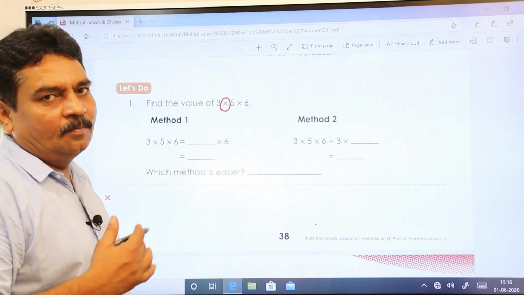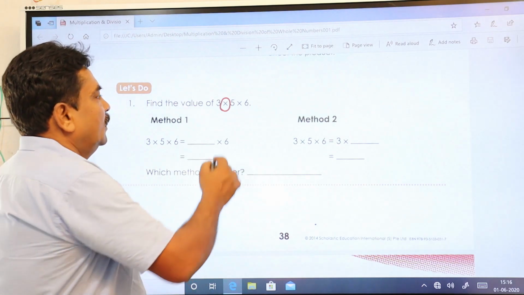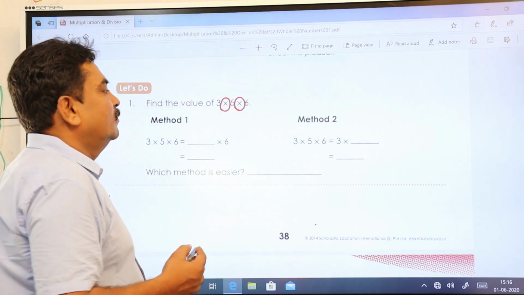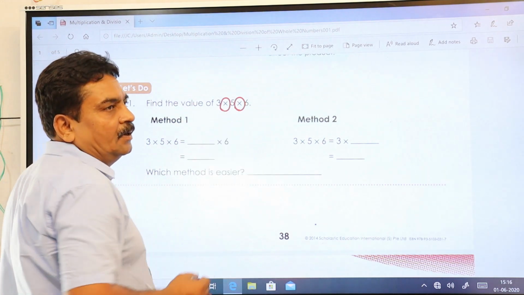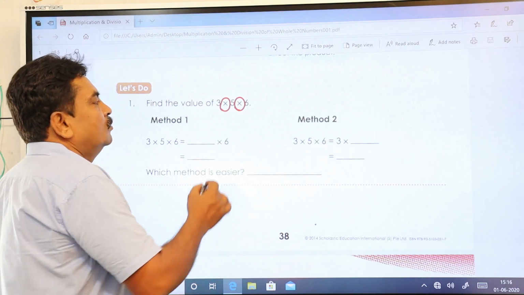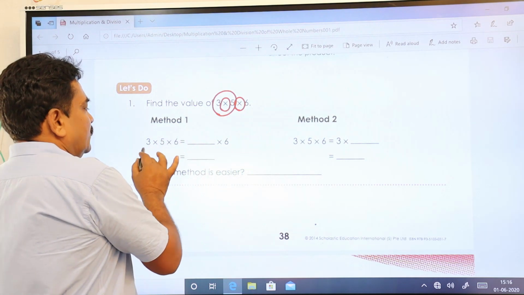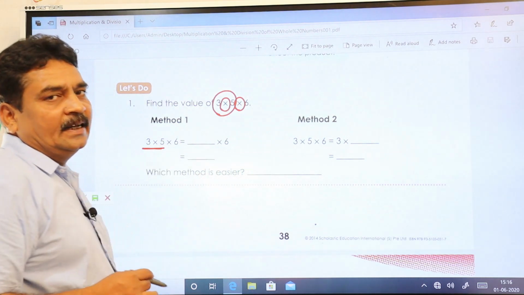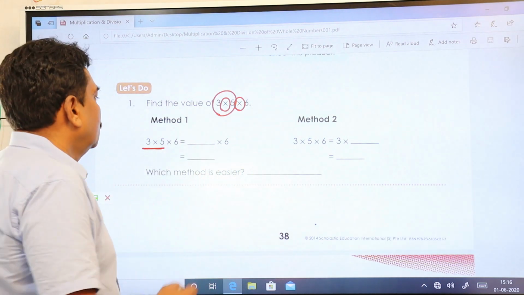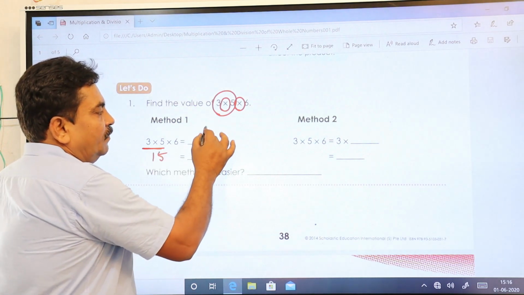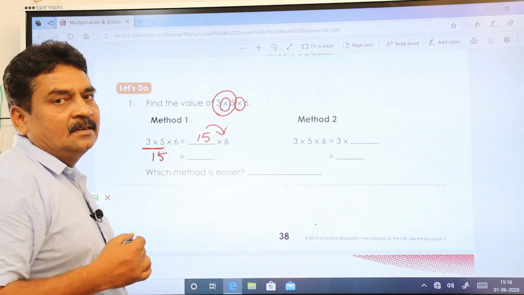Multiplication or product, both are the same. Here also you have into. So whenever you have multiplication between the numbers, first you multiply the first two numbers, that is 3 into 5. 3 5 times 15. You write down 15 here. 15 into 6. 15 6 times.